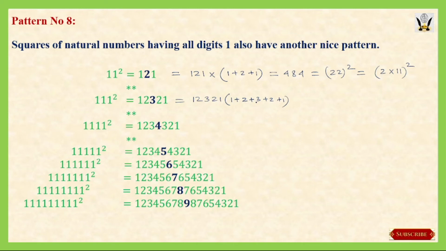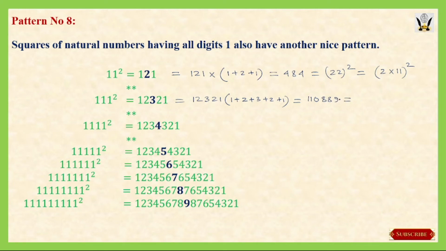It will be 3 plus 3 is 6, plus 2 is 8, plus 1 is 9. So 12321 will be multiplied by 9, and the result of this multiplication will be 110889.